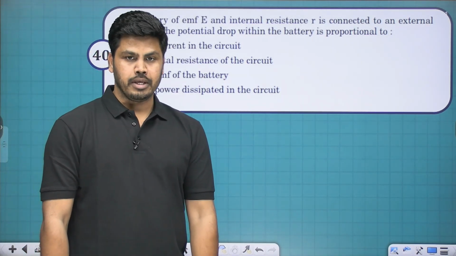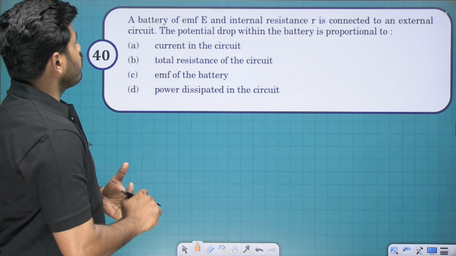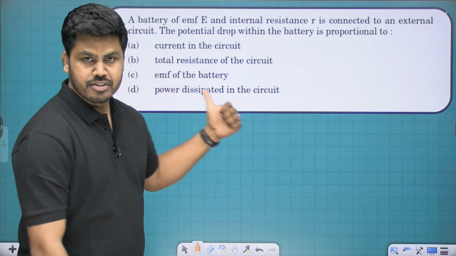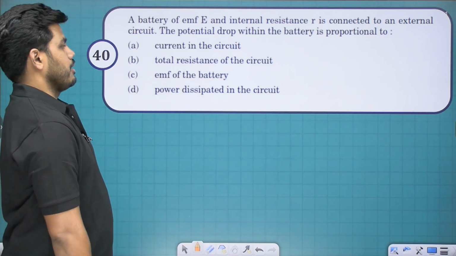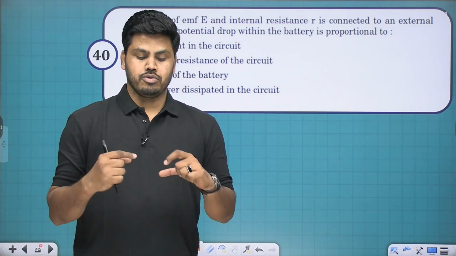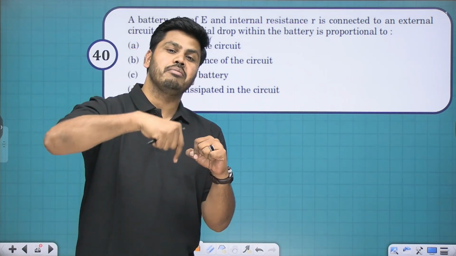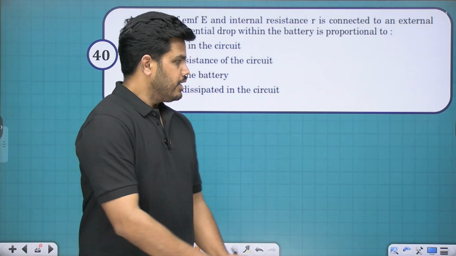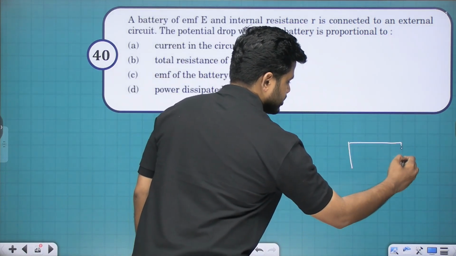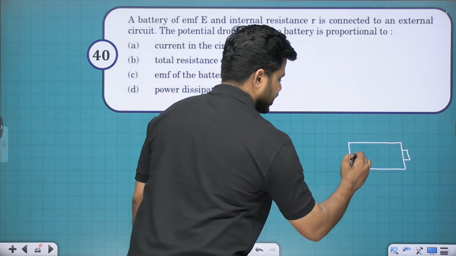Question number 40. A battery of EMF E and internal resistance R is connected to an external circuit. The potential drop within the battery is proportional to... See, we are talking about the potential drop inside the battery, right? We know whenever we consider a battery, it offers some small resistance to the flow of current.